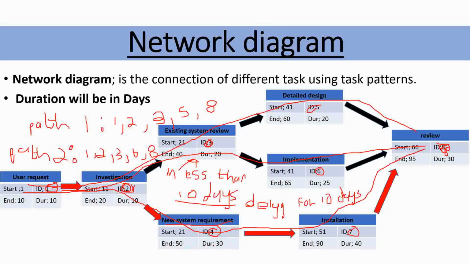So it has an extra 10 days compared to the new system requirements. This one will be done in 20 days, this one in 30 days. Therefore, this one has more time, which will be what? 10 days. So this one you can manage to delay. It can be completed on day 21 or day 20-something, right? But it cannot be delayed for more than 10 days.